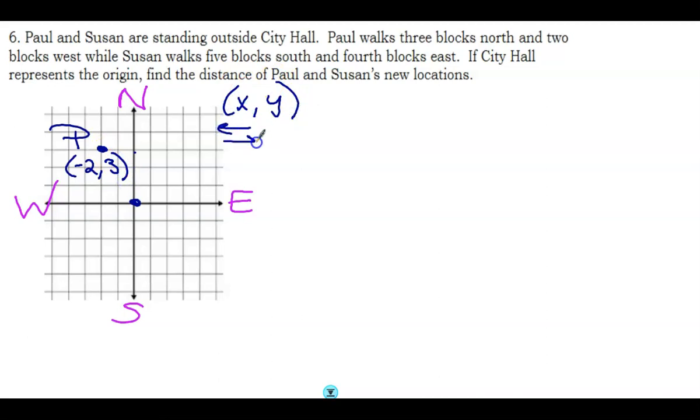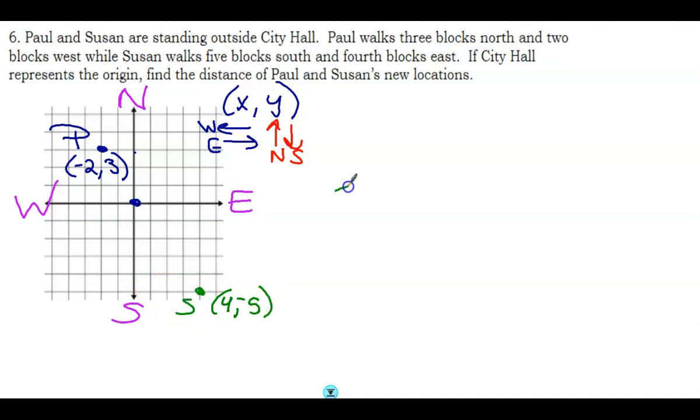X is left and right, and y is up and down, north and south, and then x would be west and east in this situation. So if that helps, you can write that info down. And then Susan walks 5 blocks south, 1, 2, 3, 4, 5, and 4 blocks east, 1, 2, 3, 4. So 4, negative 5 would be Susan.